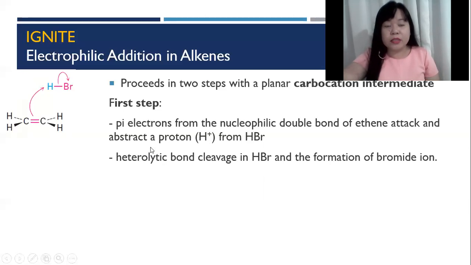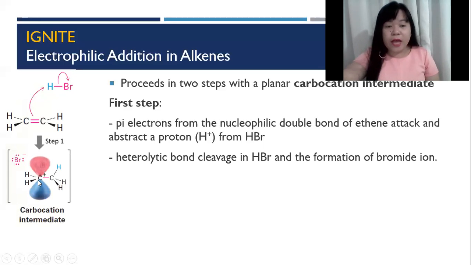Now, these two processes are shown using these full-headed or double-barbed arrows. So from the pi bond here, the electrons are transferred to H plus here, and the heterolytic bond cleavage or the acquisition of 2 electrons of this bromine atom is also shown by the arrow.